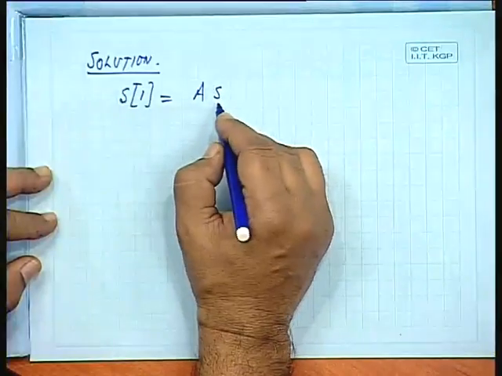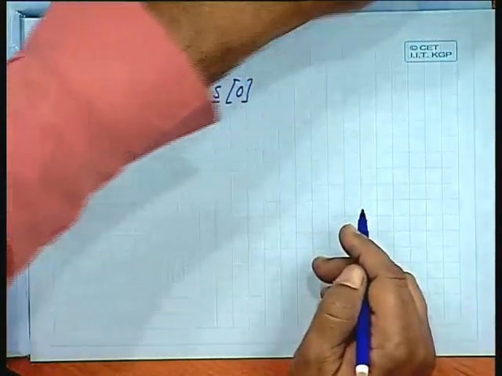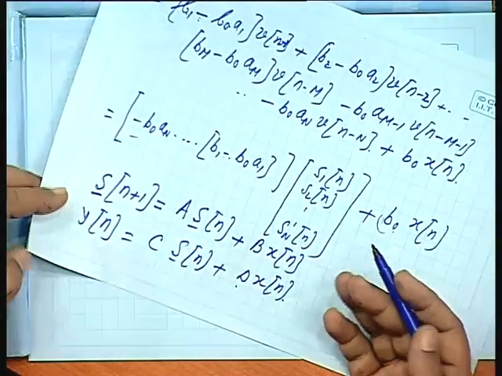If it is not relaxed, then we will have to find out what its initial condition, initial state is. This S we call the state of the system, it is the general health of the system. It can be velocity, acceleration, any variable of the system as a state. Now, the choice of states is not unique, any linear combination of the states that you take, I can choose as a different set of states.